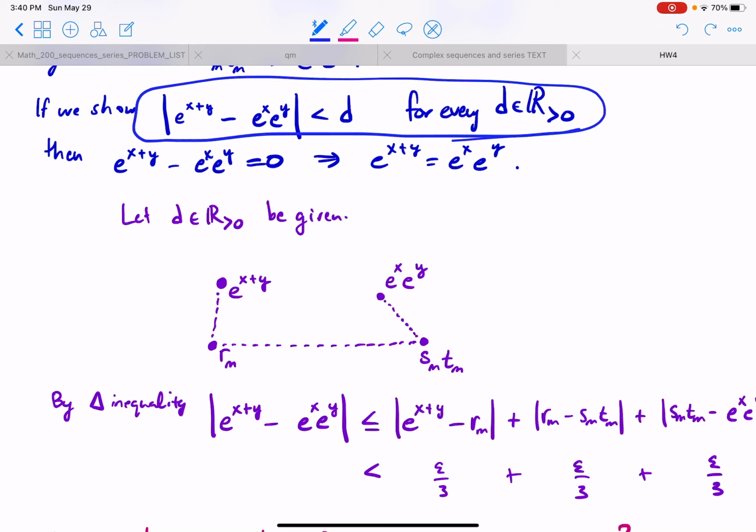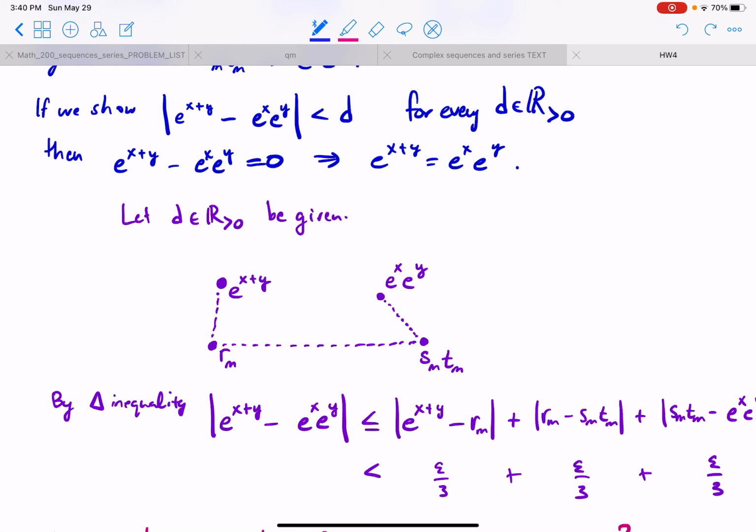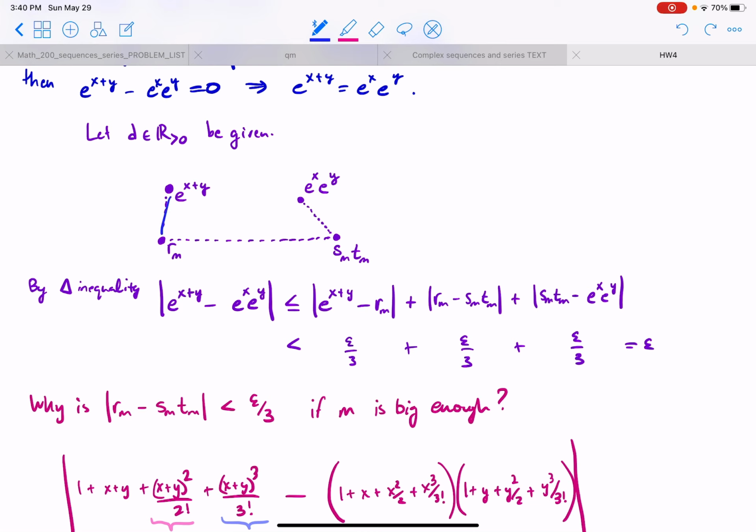Can we show this? For every d, can this be smaller than d? Well, here's this, and here's the partial of the products, and here's the product of the limits. By the triangle inequality a couple times, or the quadrilateral inequality, it is always shorter, or at least it's a tie, to go right across than it is to first go over here, then here, and then here.